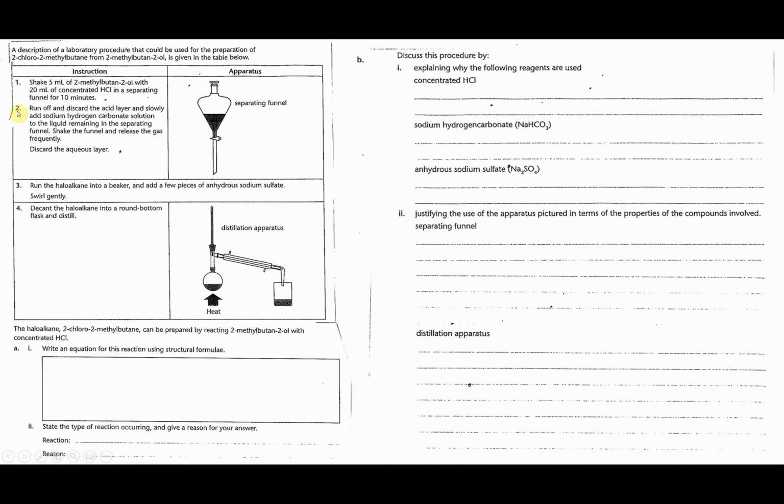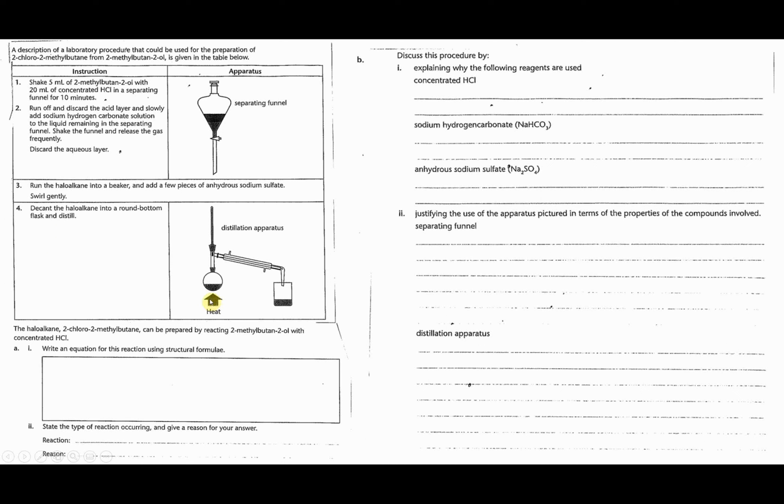In this case here, they've asked you to decant. So decant is just when you're very slowly pouring off the top layer and leaving the solid inside the beaker. That's another way of doing separation, like with a funnel. That works too. So just be mindful, that's another way you could do it.